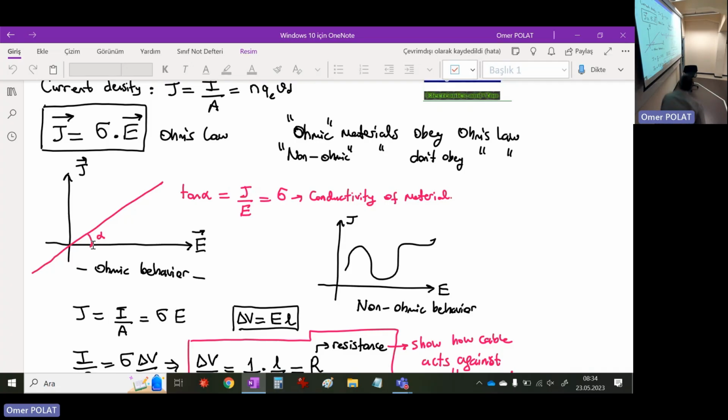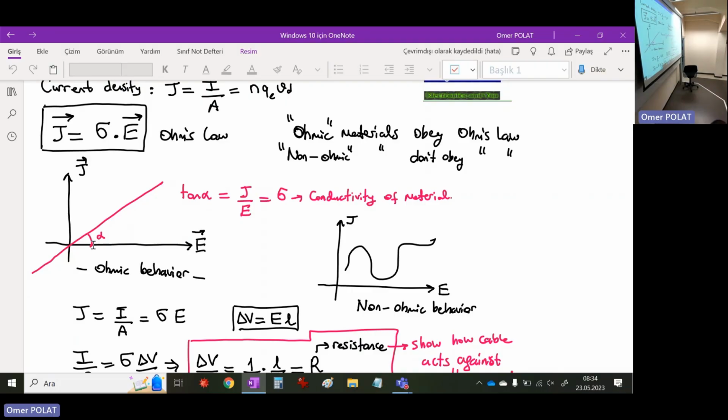Why, for example, here, when I increase the electric field, is current decreasing? Because this cable or this medium stores electrons inside with the electric field. Okay? But there are some interesting mechanisms in that system. So this is non-ohmic behavior.